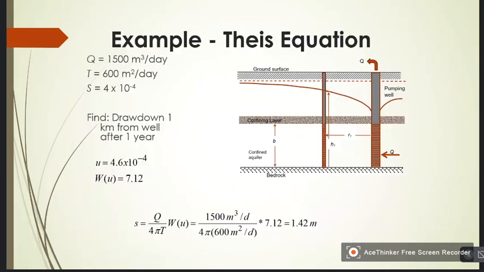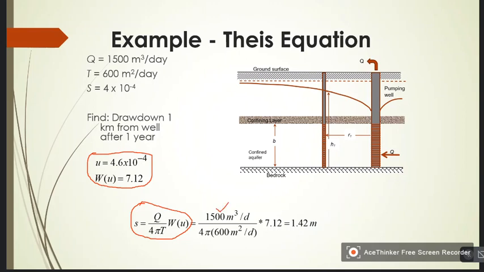Now use this formula. S is equal to Q by 4 pi T into WU.